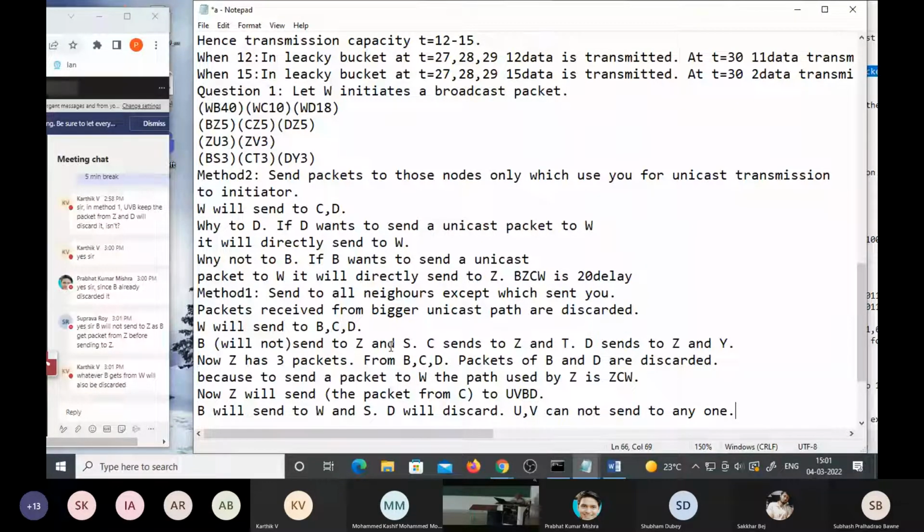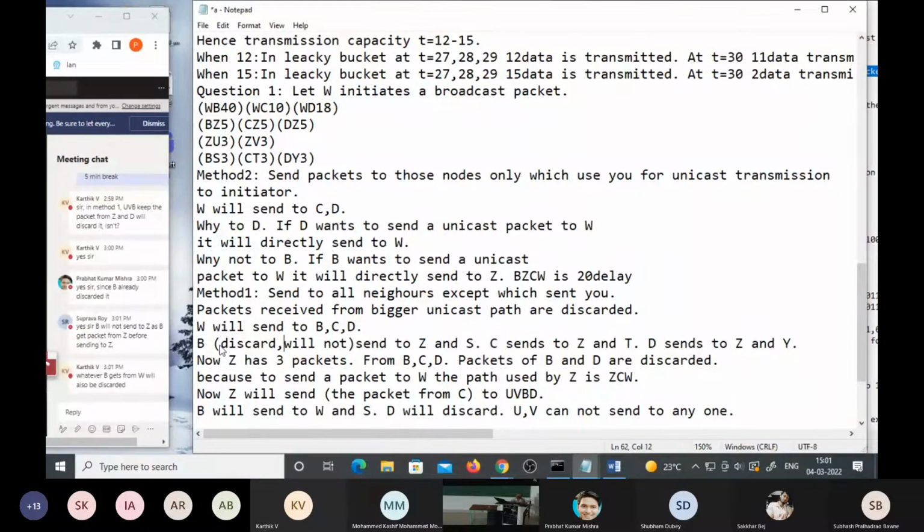B discards. Will not send to Z and S. Is there any mistake in this?